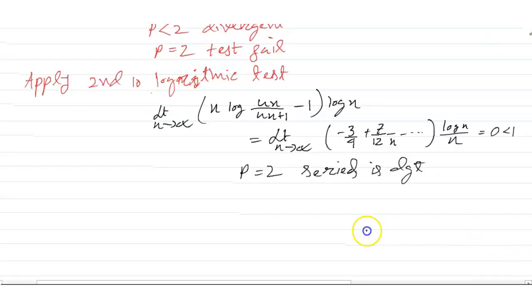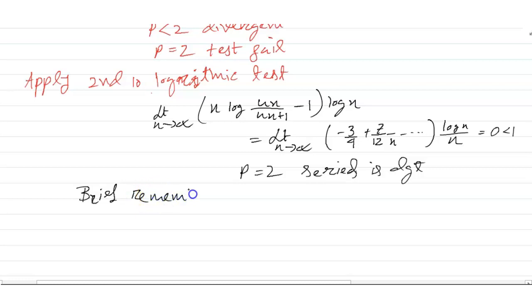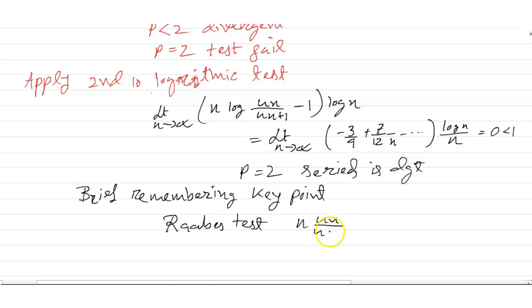So friends, I will again briefly go over the key points on how to remember all the formulas. The first formula is Raabe's test: you have to remember n into (un divided by un plus 1 minus 1).